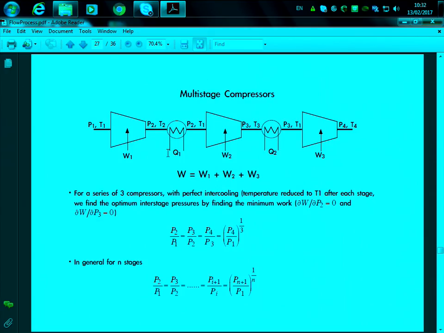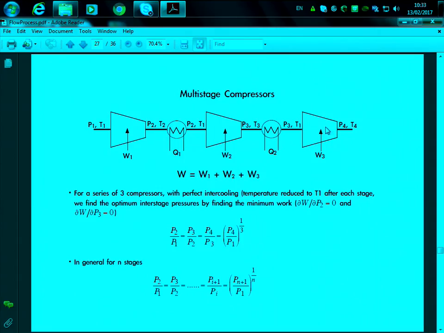So I compress from P1 to P2, and then the temperature increases to T2, but then I use the heat exchanger to come back to the inlet temperature, and therefore just have the pressure changes again, and then cool the system again to come back to the inlet temperature. Obviously here the work that you will need, work 1, work 2, work 3, will decrease, because the system will become more efficient having these inlet temperatures, as every time you will need less work in order to achieve the pressure changes that you want.